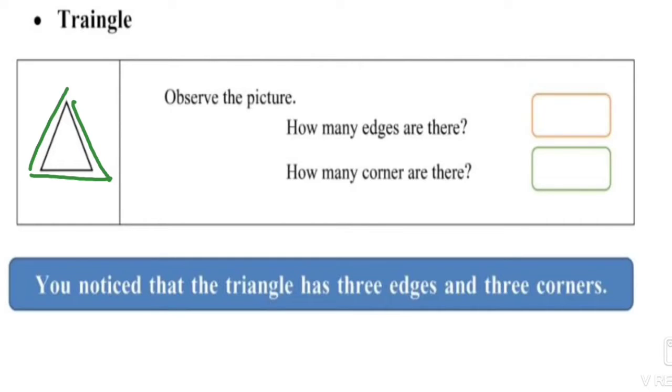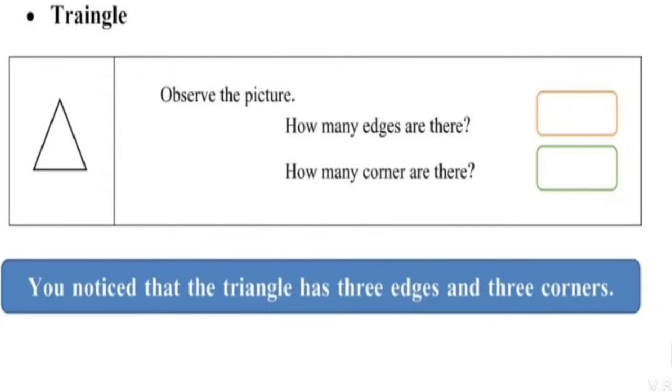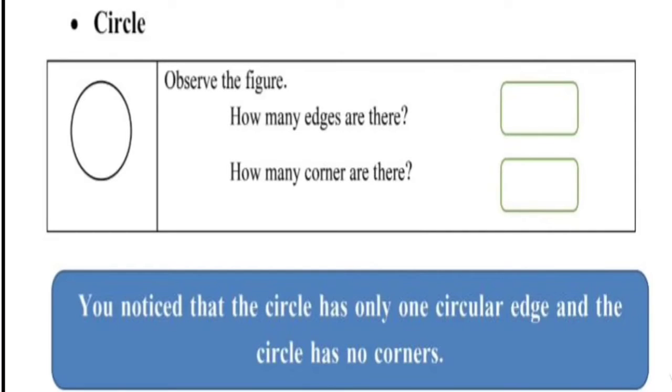And how many corners are there? Let's count. 1, 2, 3. Triangle has 3 corners. You notice that the triangle has 3 edges and 3 corners. Understood? Yes, very good.